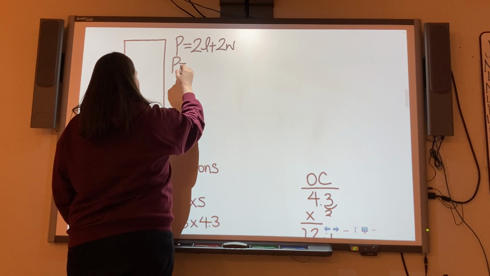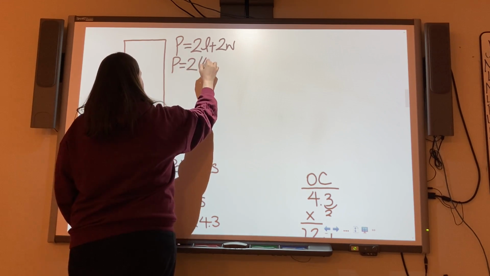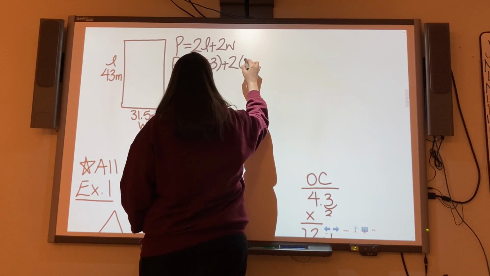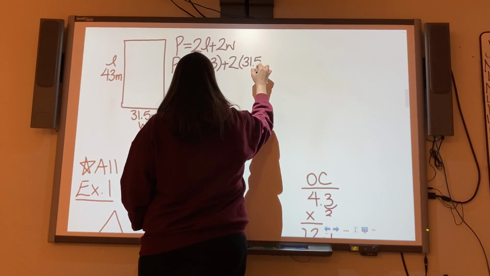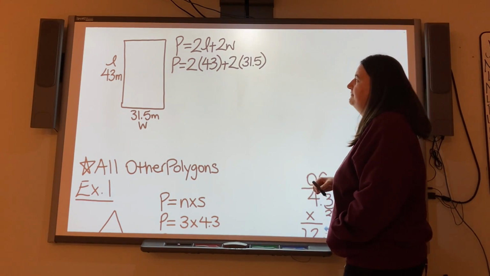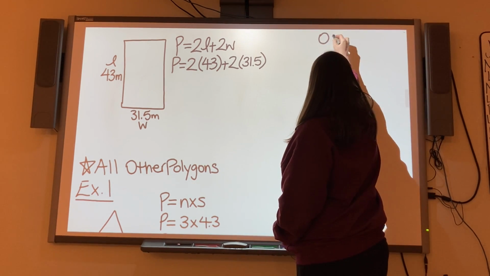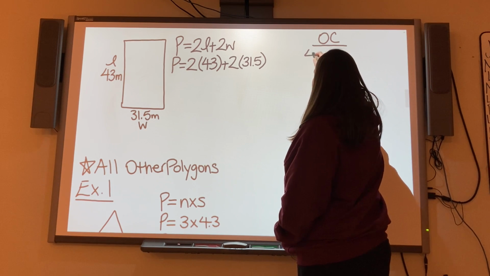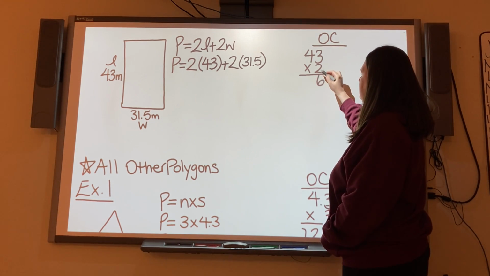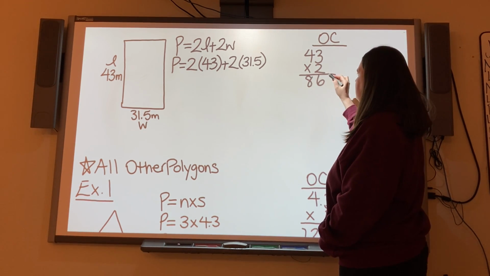Replace your L and your W, so 2 times 43 plus 2 times 31.5. There you go, all good. So now I do my times over my outside calculations. 43 times 2. 2 times 3 is 6. 2 times 4 is 8.